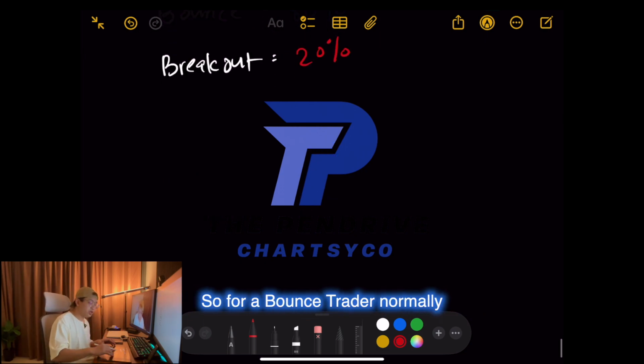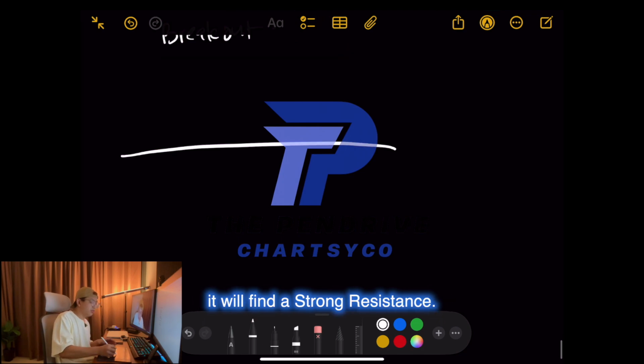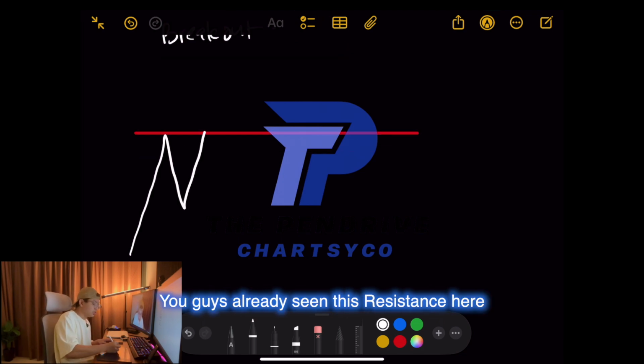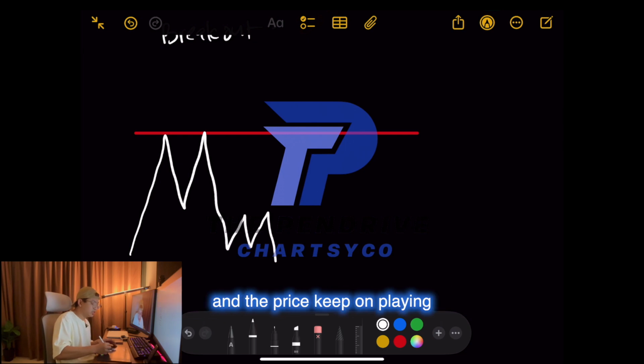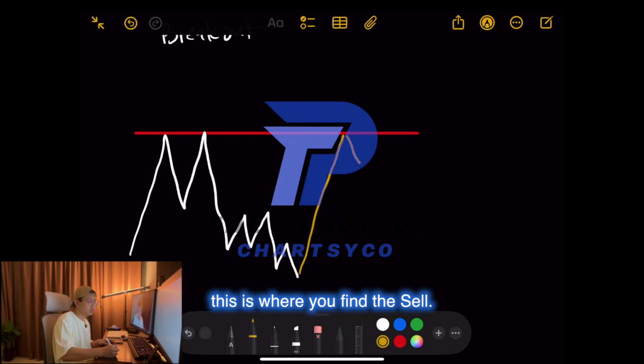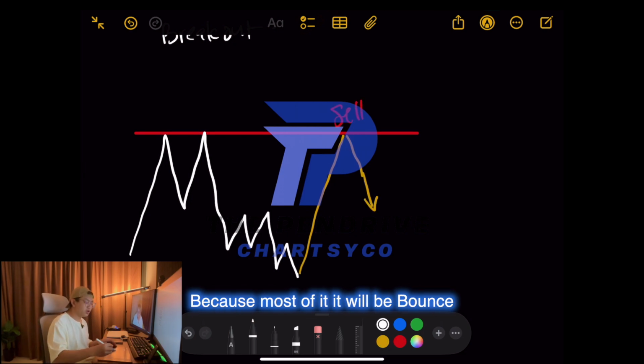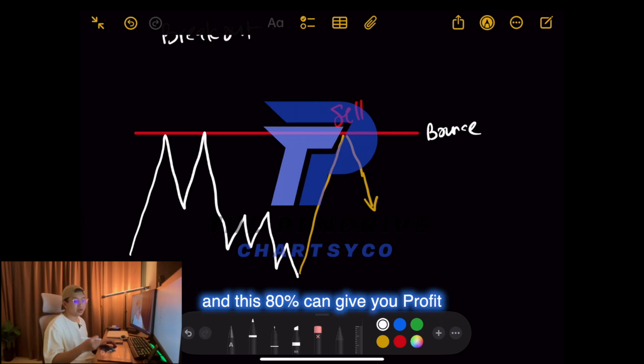So for a bounce trader, normally it will find a strong resistance. So you guys already saw this resistance here, and the price keeps on playing. So when the price comes back here, this is where you find the sell, because most of it will bounce. This is for the bounce trader, and this is 80% can give you a profit.